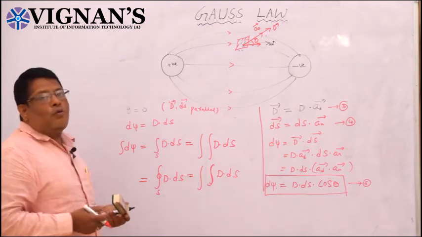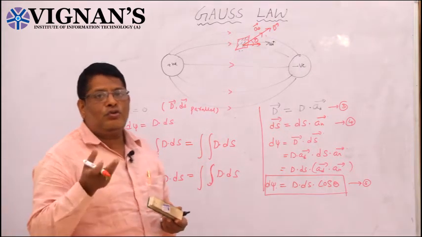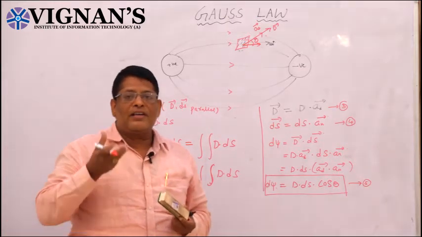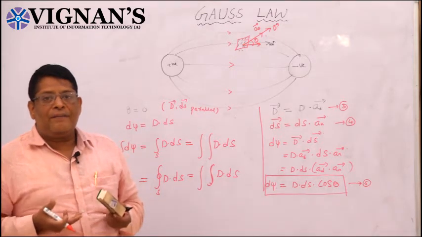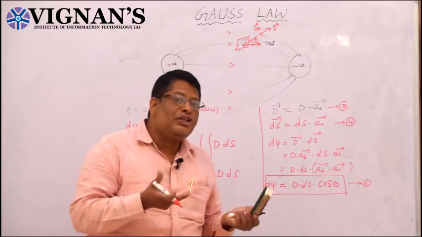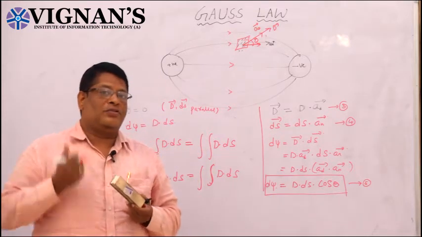Now we are going to find out what is the flux density due to a point charge. Why are we going to find the flux density due to a point charge? We try to find what is the relation between flux density and electric field intensity. Already you know the electric field intensity from Coulomb's law.